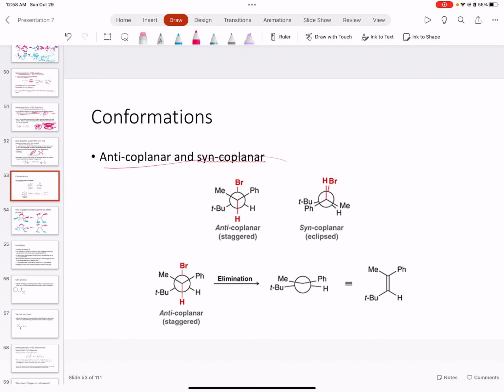Anticoplanar is going to look like this, while syncoplanar is like this, so eclipsed and staggered. So then when you do elimination reactions, your anticoplanar ends up technically looking like this, because you're removing two of the groups. So it ends up looking like that, and then you're able to form that double bond.